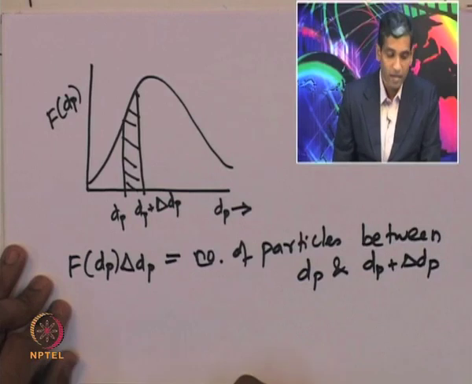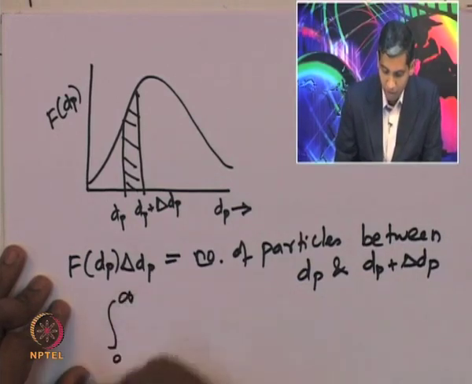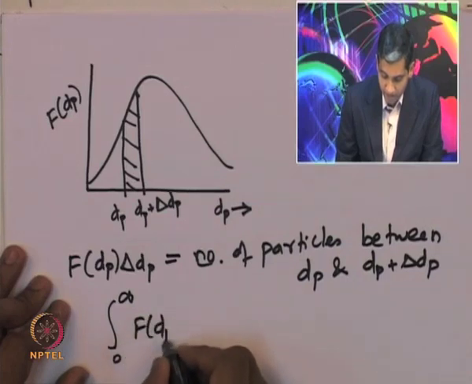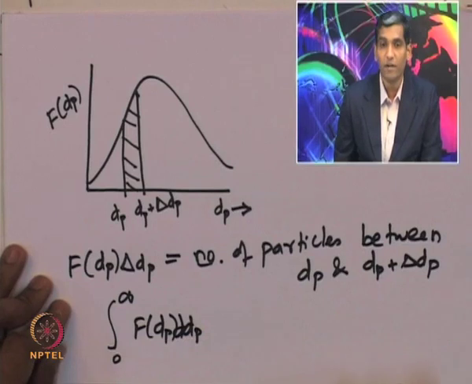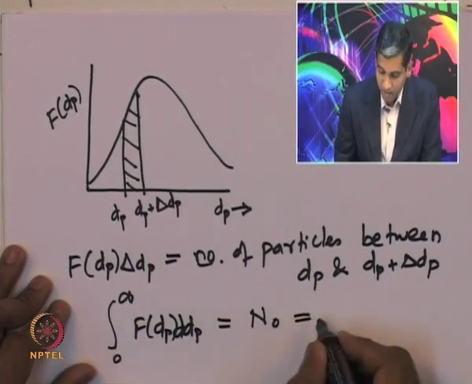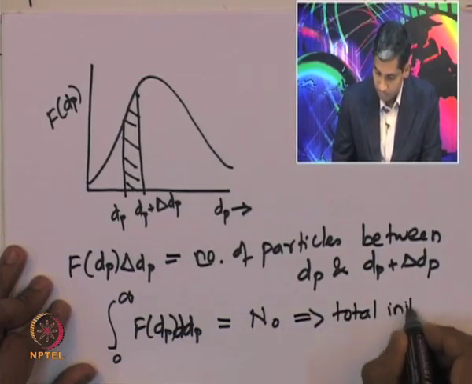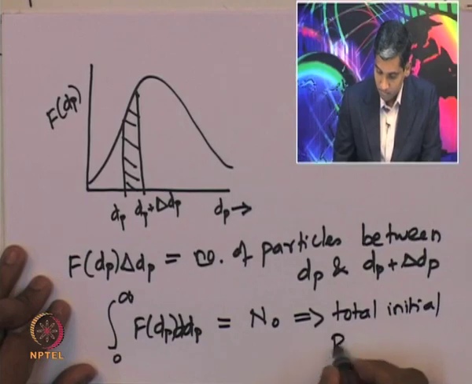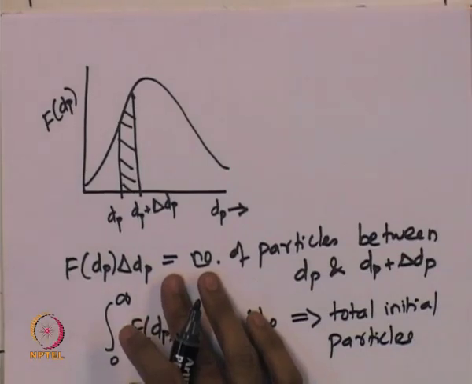Moreover, if we integrate this expression from 0 to infinity, f(dp) into d dp, the differential of the diameter of the particle, that should be equal to n naught, which is the total initial number of particles present.